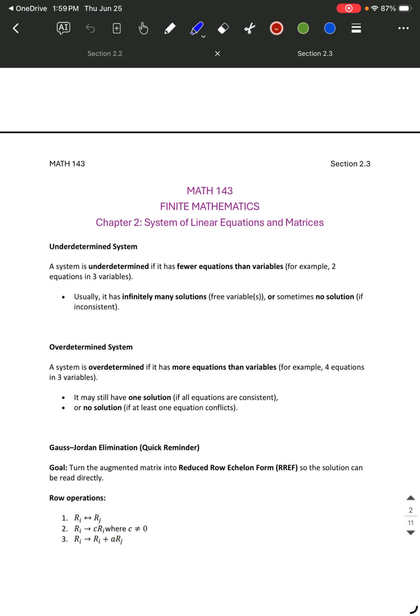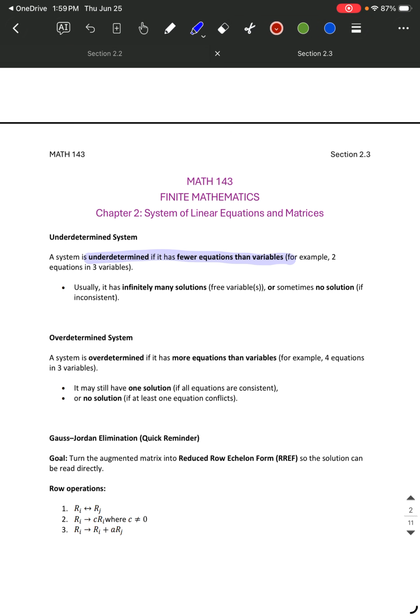For example, if we have two equations but three unknowns, there usually is not enough information to determine a single solution. Usually it has infinitely many solutions, because at least one variable is free.